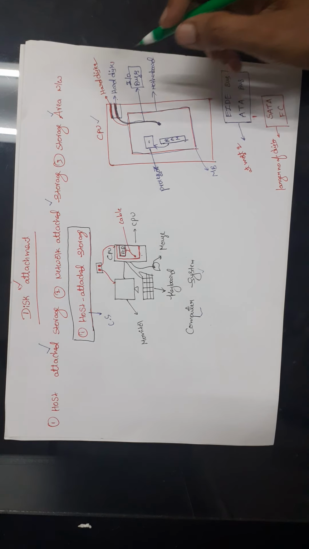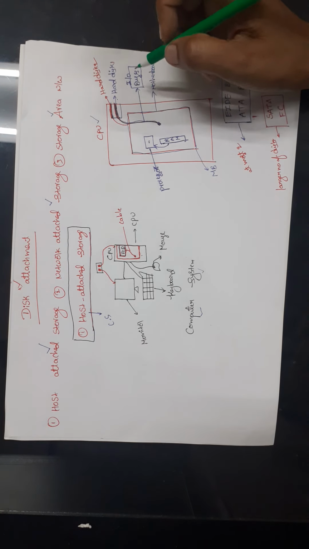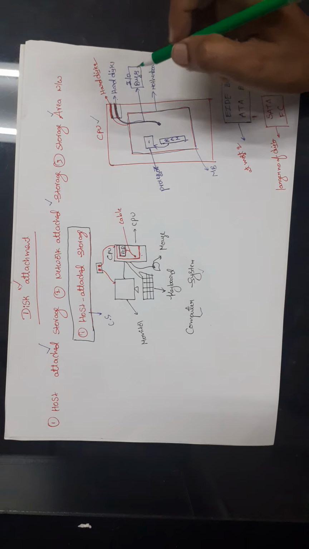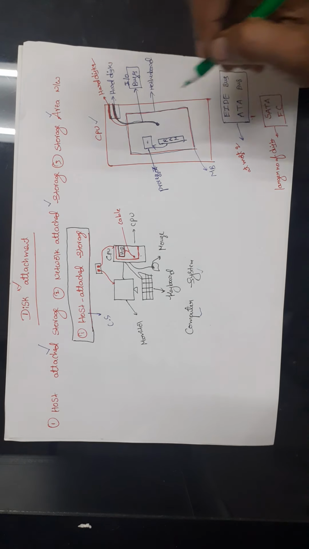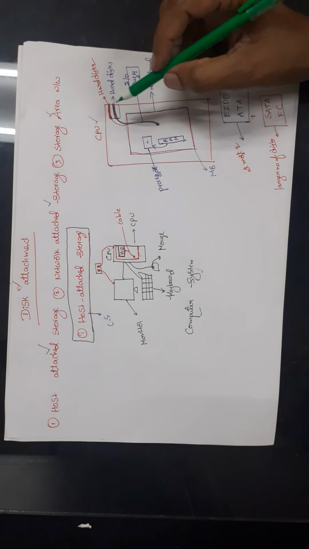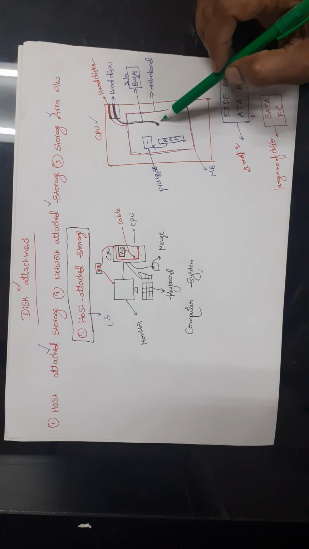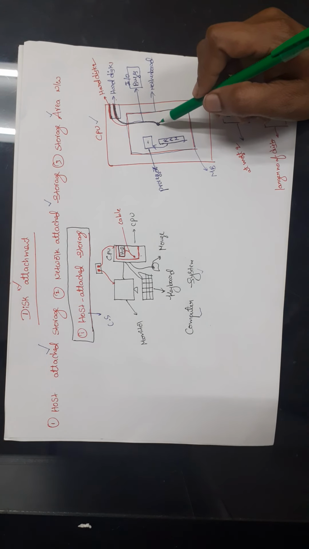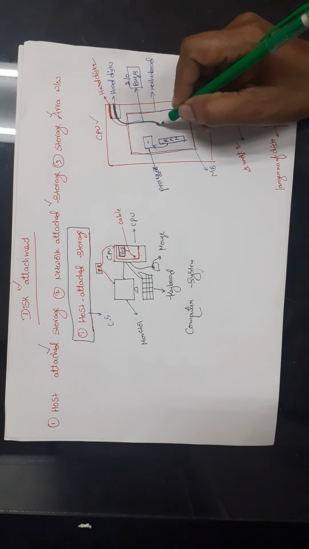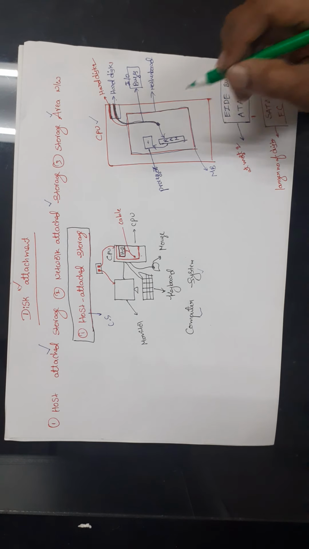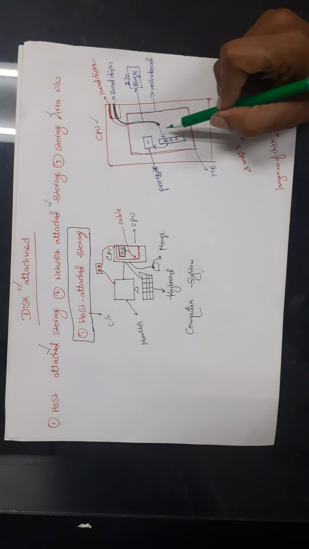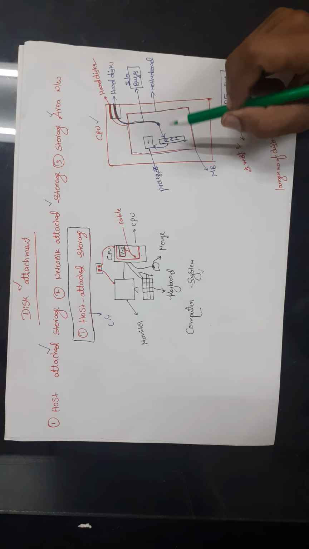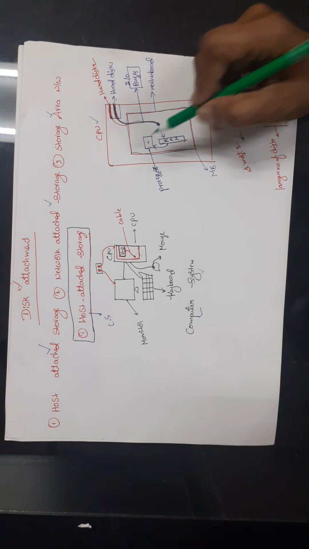For that we should use input or output buses to connect hard disks to the motherboard. Then the data will be moved from the motherboard to the RAM. Now data is available in the RAM, so the processor can take the data and execute it.